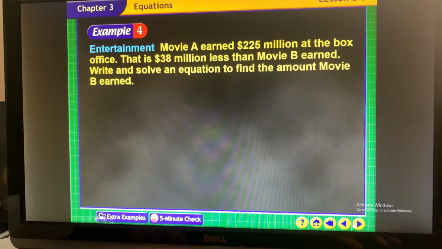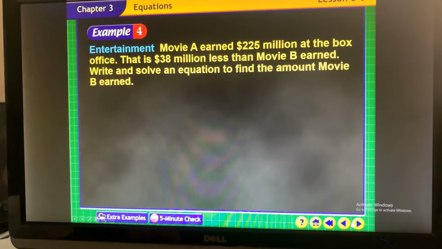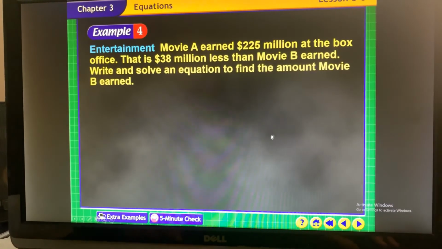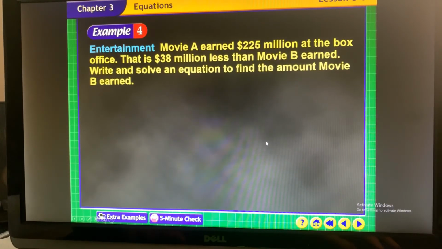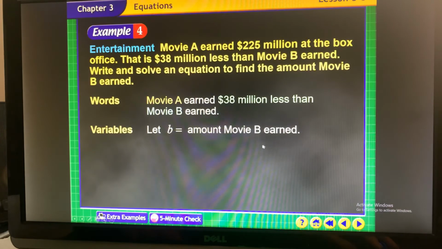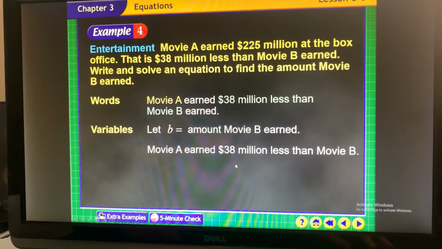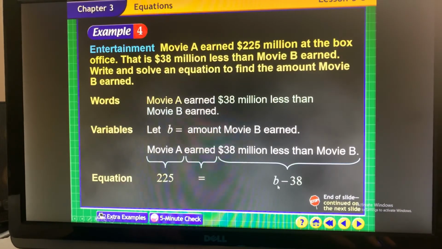Movie A earned $225 million at the box office. That's $38 million less than movie B earned. Write and solve an equation to find the amount movie B earned. So here you have it. 38 million less than movie B. And movie A, remember, was 225.